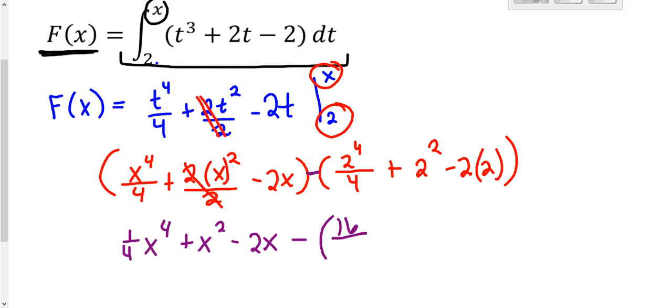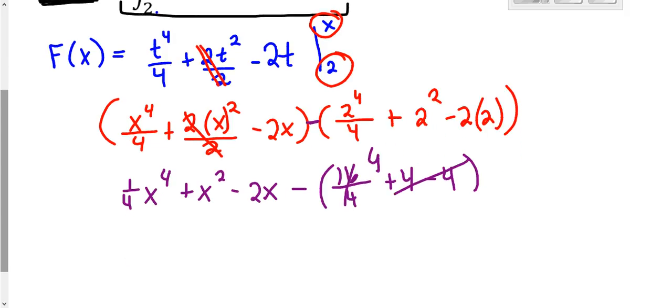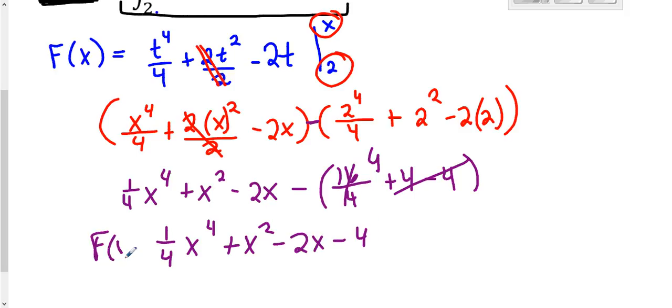So we have 16 over 4 plus 4 minus 4. These cancel. 16 over 4 is 4. And it's minus, so we have 1/4 x to the 4th plus x squared minus 2x minus 4. And this is f of x.